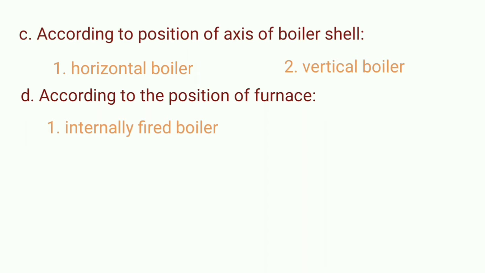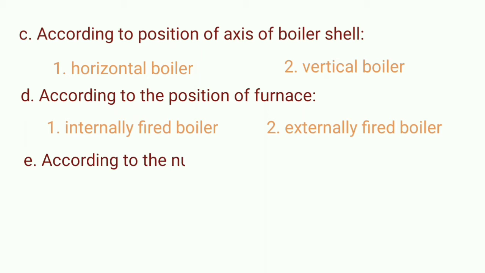Internally fired boiler. In this type of boiler, furnace is located inside the boiler. Cochrane boiler, Lancashire boilers are internally fired boiler. Number 2. Externally fired boiler. In this type of boiler, furnace is located outside the boiler. Babcock-Wilcox boiler is externally fired boiler.